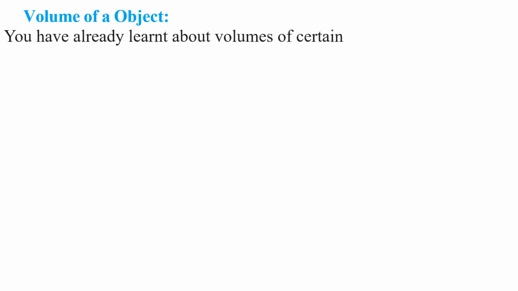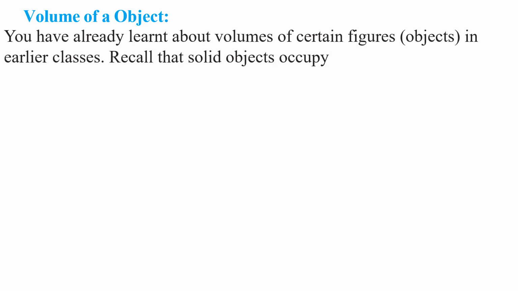Now let us discuss volume of an object. In this slide, we are going to discuss what is meant by volume of an object. You have already learnt about volumes of certain figures or objects in earlier classes, haven't you, my children?